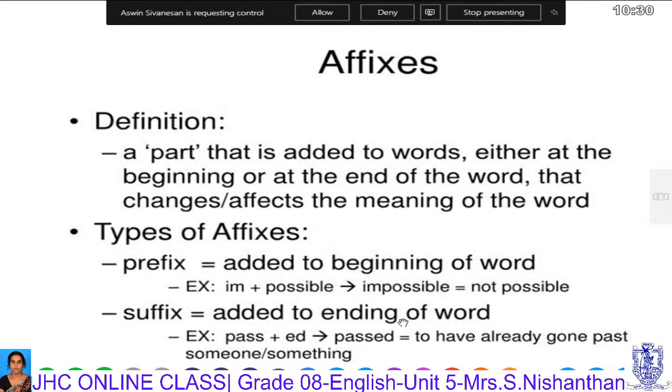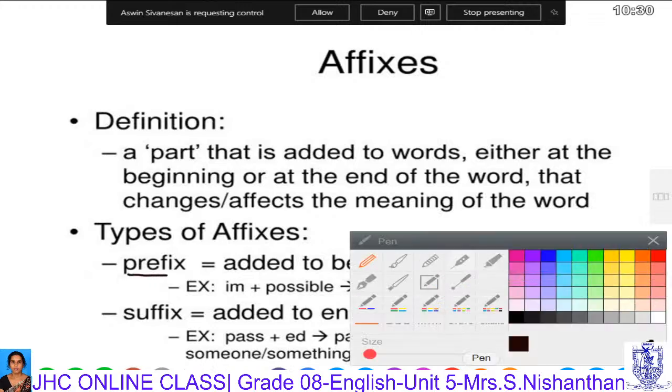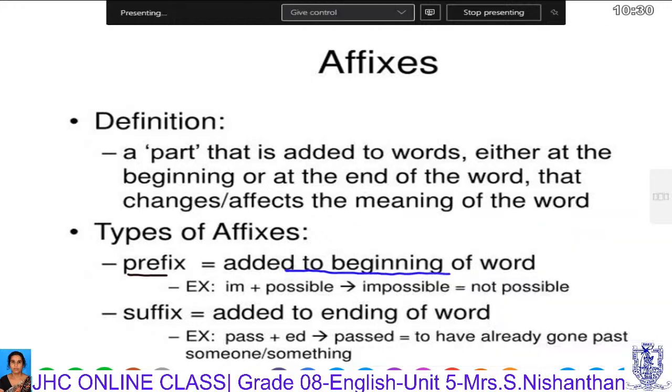Prefix and suffix. Pre means at the beginning. So, a prefix is added to the beginning of a word. For example, possible is added with im and made into the opposite, impossible.